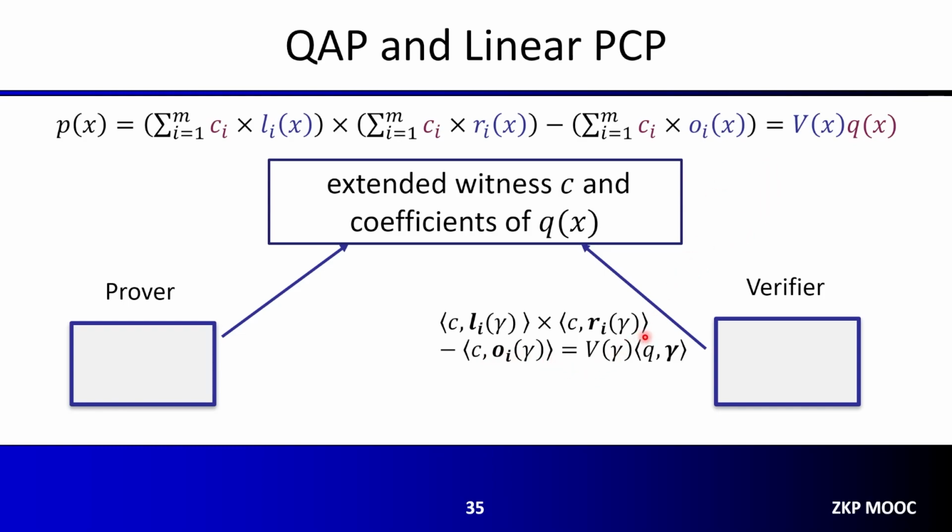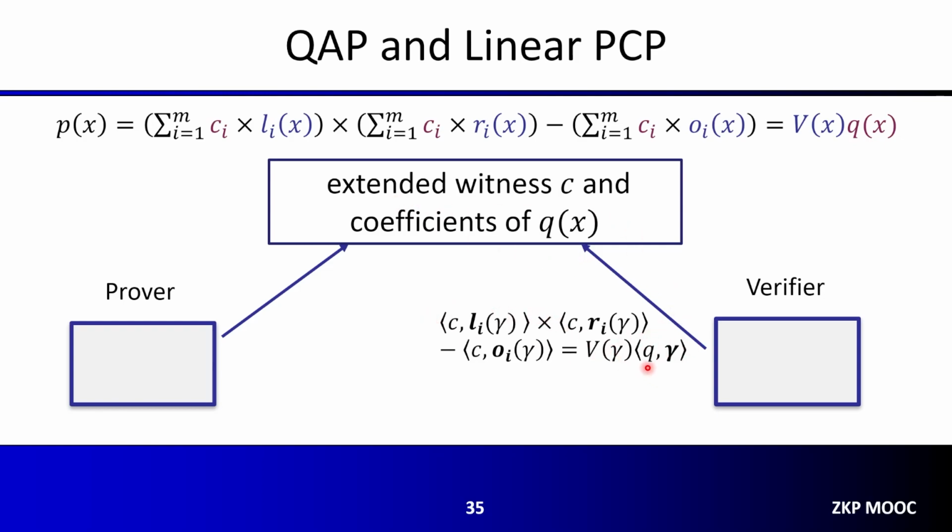Finally, V(gamma) can be evaluated locally by the verifier, and the evaluation of Q(X) can be viewed as an inner product between the coefficients of Q and the vector generated by the random point gamma. In this way, the verifier can check this equation using four linear queries to this linear PCP oracle.